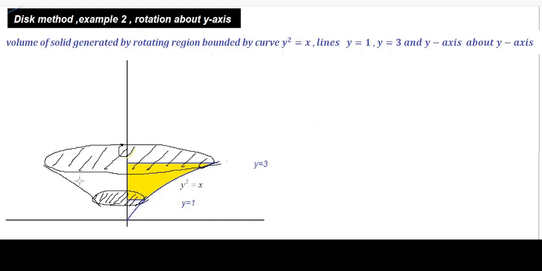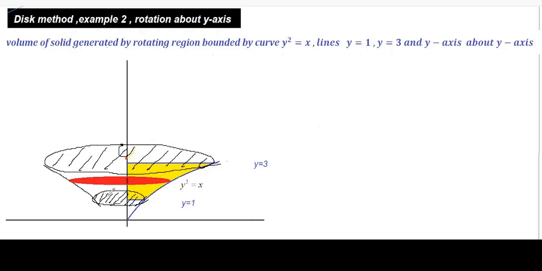So if we take perpendicular cross sections to the y-axis, it will be again a circle like this. You can shade this circle for better understanding. And after finding the volume of this circle, we can integrate it from y is equal to 1 to y is equal to 3 to find the volume of the entire solid.